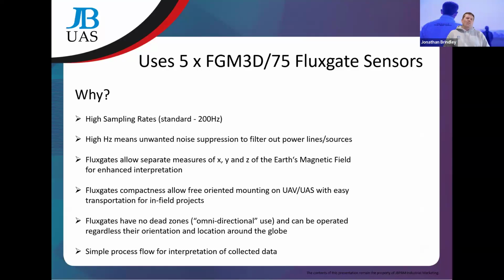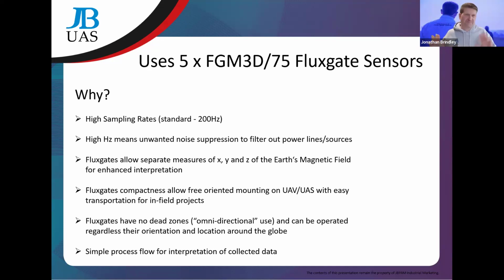So let's look at the fluxgate sensors. Why use fluxgates in the first place? This is a bit geeky, but if you've got any geeky questions, I'm sure Jan can answer them at the end. But why we're using the fluxgate sensors is, first of all, that it is a cost-effective solution to manufacture and use these sensors.